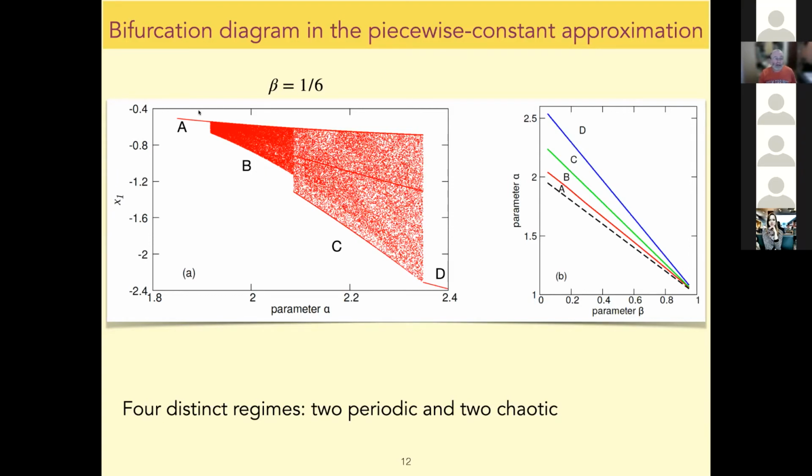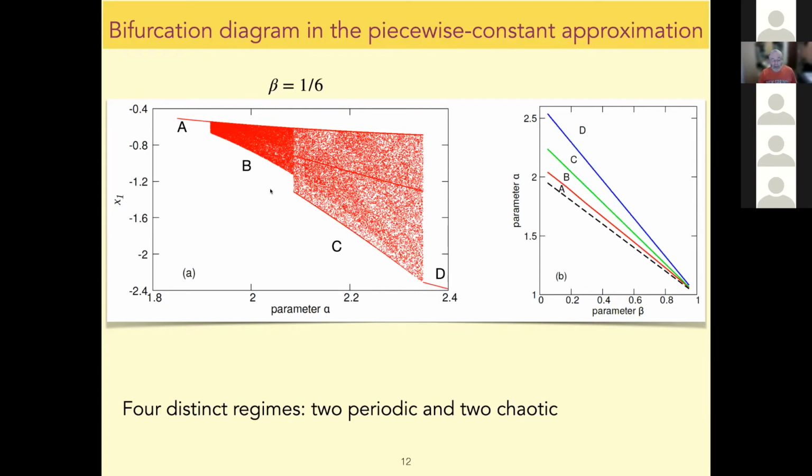And here is a bifurcation diagram for a particular value of beta when I change the parameter alpha. You see that in this piecewise constant approximation there are some periodic orbits, here and here, A and D, and there are two types of chaos.